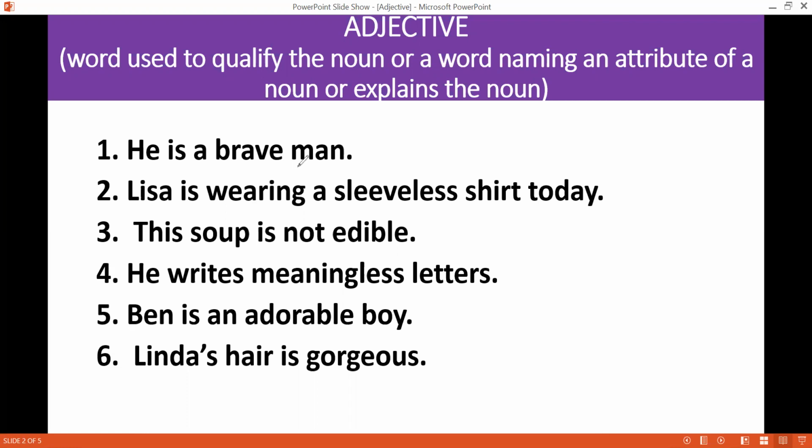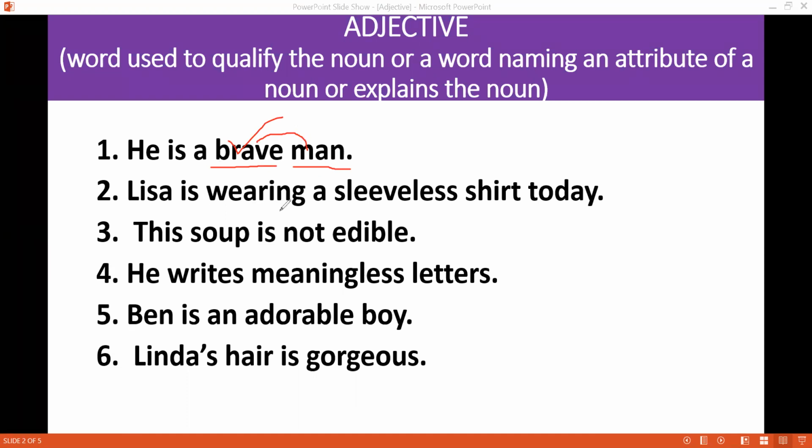Man is a noun, and the word brave has been used with this man. Adjectives qualify the noun. This is the quality of a noun. So the word which tells us the quality of a noun is called an adjective.